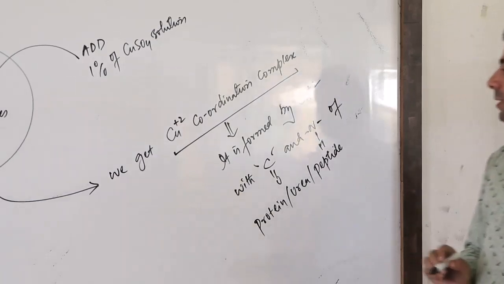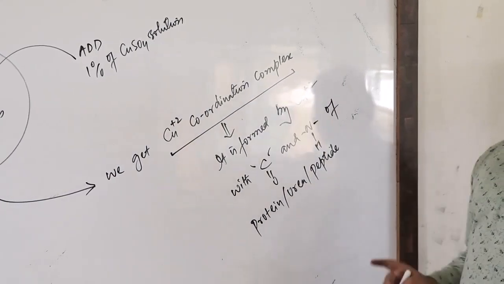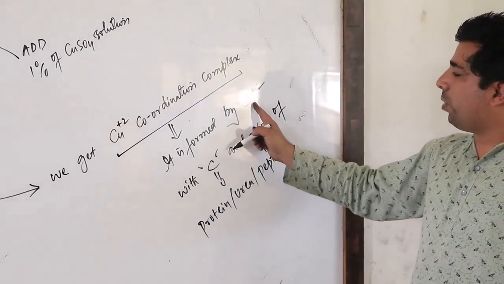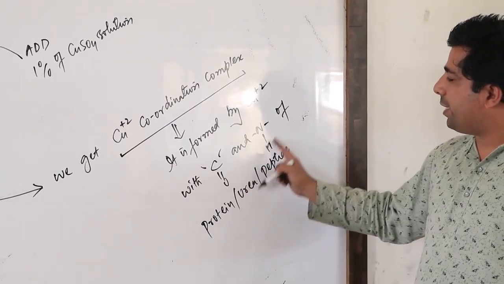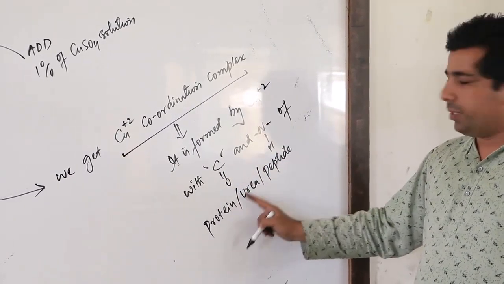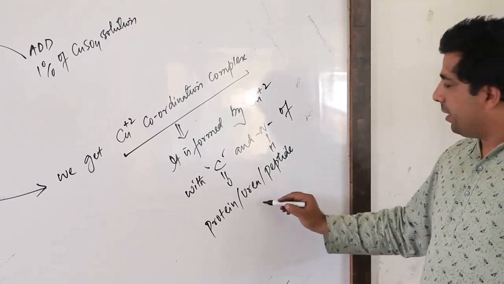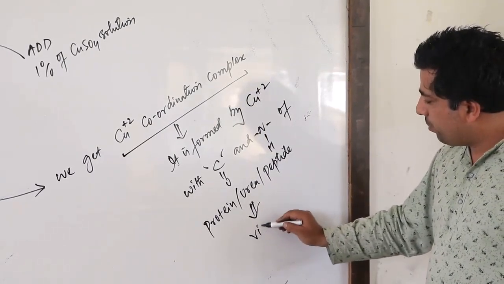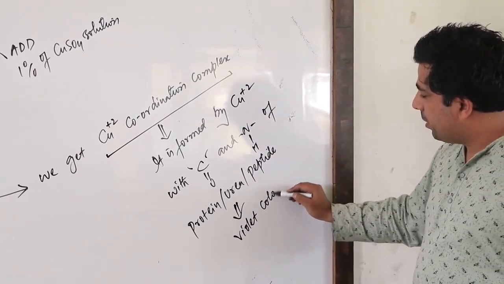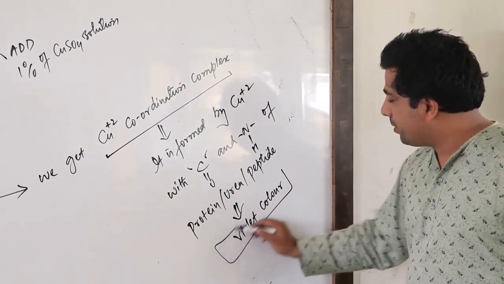So copper makes a coordination complex with CO and NH group of protein, urea or peptide, and it has a violet color. Color of this complex is violet.